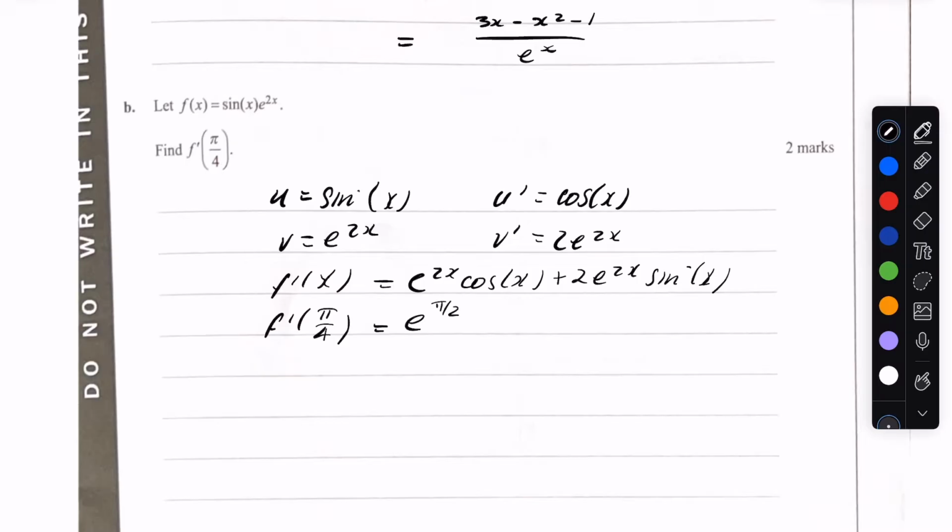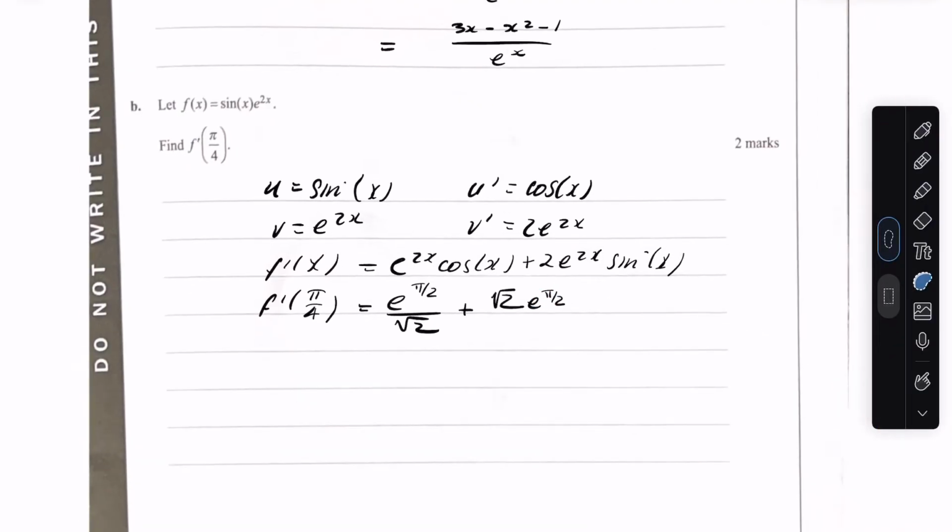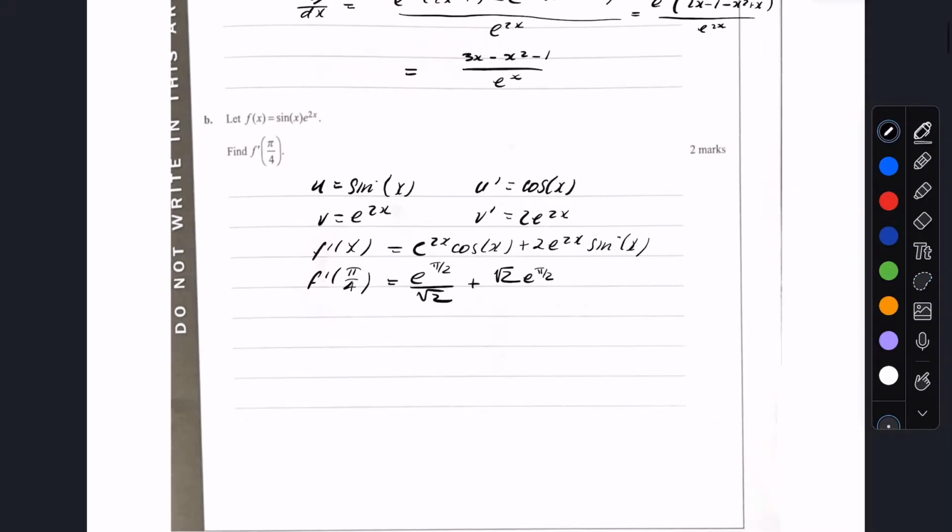Cos of pi on 4 is root 2 over 2, or 1 on root 2, so over root 2, plus 2e to the pi on 2. Sine pi on 4 is also root 2 over 2, so I'll just cancel that 2 and write a root 2 there. So that should be fine.